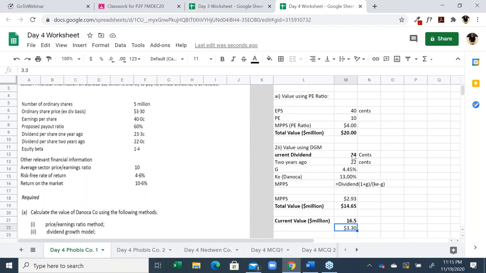So now let's end the discussion. Do you really think that the Denoka company will be selling the company for $20 million?